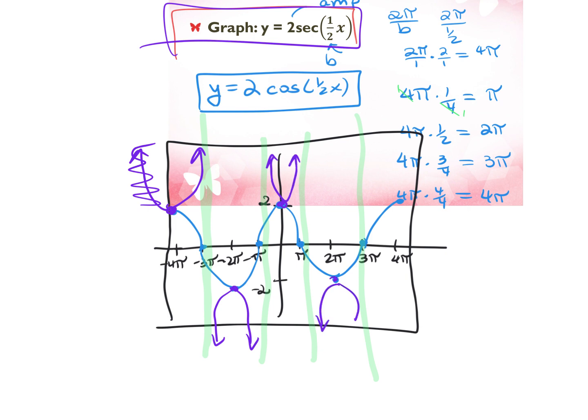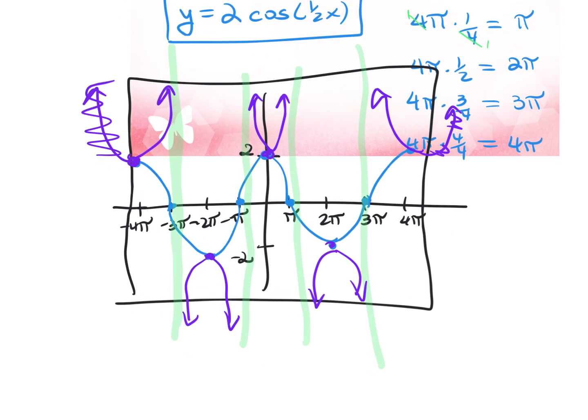And then down. And finally over here, because this one's outside the viewing area, we don't need to see that. So my final graph is in purple. On the test, I will want to see the asymptotes, and I want to see the key points on both the x-axis and the y-axis. And then I'll want to see those parabola shapes.